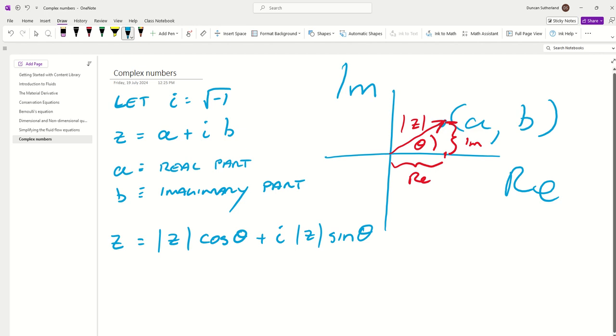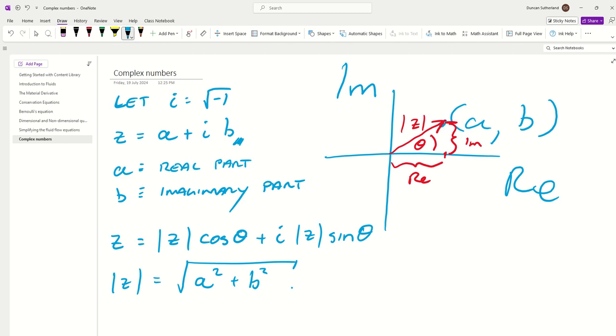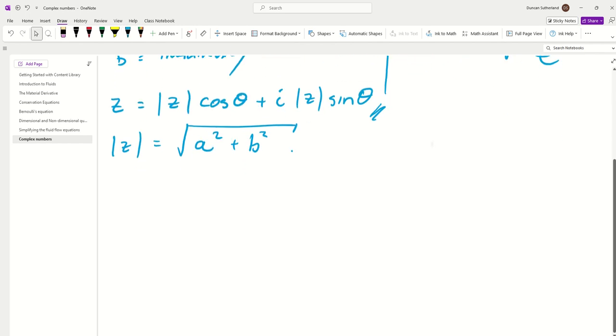Okay, now if you want to figure out what the modulus of z happens to be, you can still get that out of this Cartesian rectangular form. That is, all right. So for any given complex number where you're given an a and a b, you can convert into this trigonometric form.